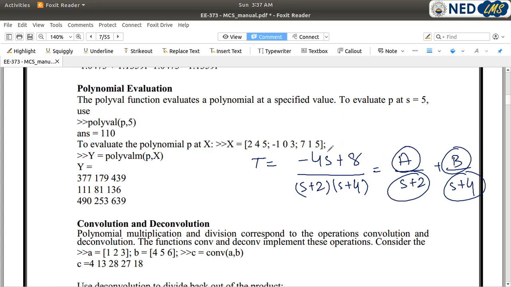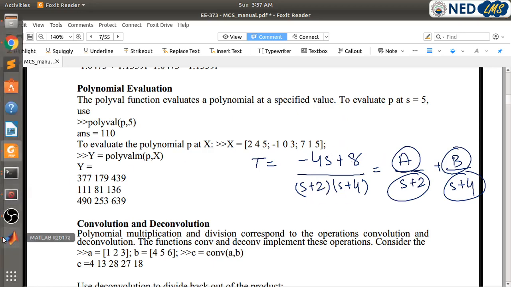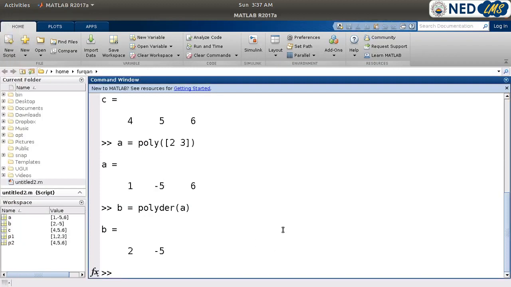Now let's take this example to find the R, P, K values. Here B is equal to minus 4 and 8.